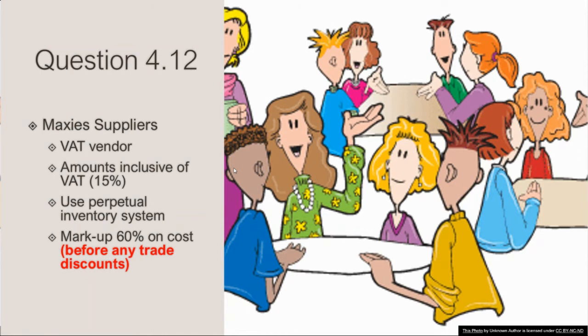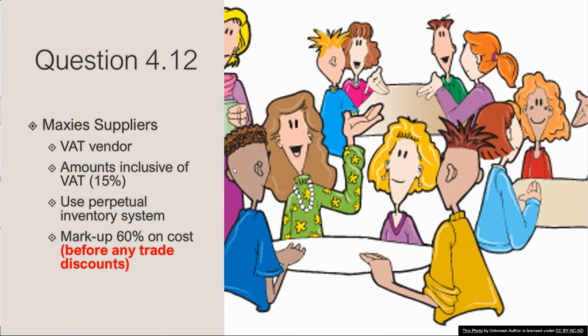Now, in your test or in your exam, these headings would be given to you, but in your textbook, because they want you to learn how to do the structure and how to actually set it out, they provide you with that information. Now, let's page back to page 135. Now, important information, I've highlighted it on this slide that you had to highlight when you read through the information, is you are the bookkeeper of Maxi Supplies.